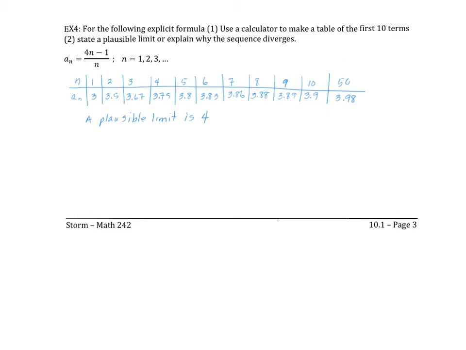So the plausible limit is 4. I can't say that that's what the limit is, because I can't use any of the limit formulas that I have from Calc 1 since these are not continuous functions.